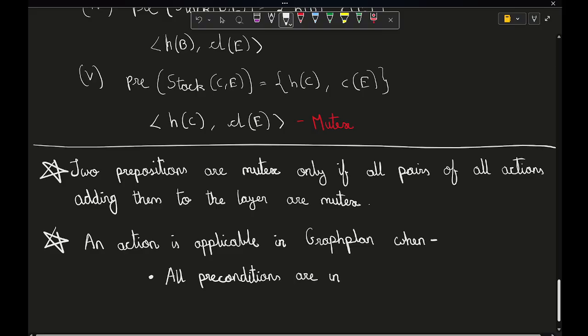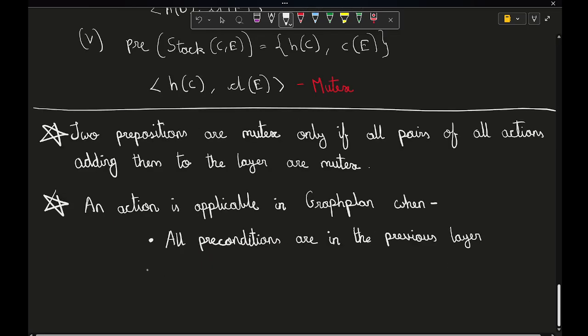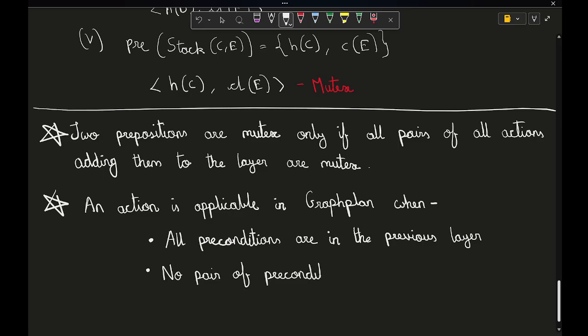It is important. No pair of preconditions is mutex. Otherwise, all pairs should be non-mutex. In bracket, you can write.